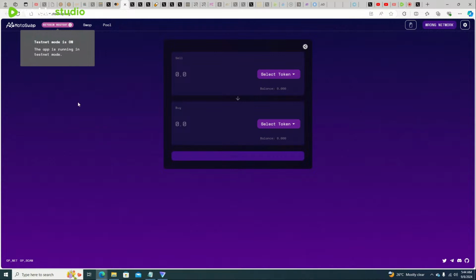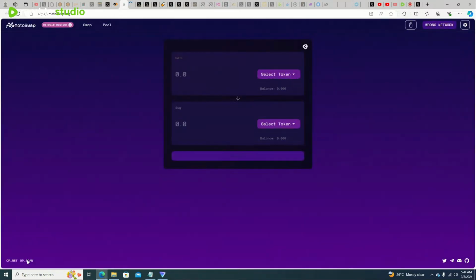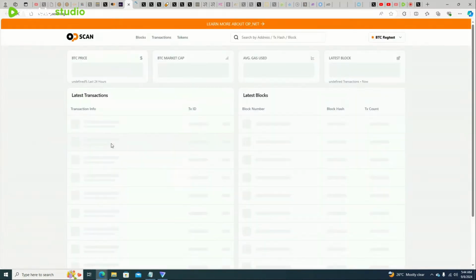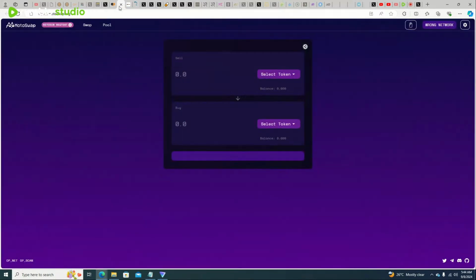The app is running in testnet. Let's look at the Explorer. So it looks like there is activity on the Explorer, but I wonder why it's impossible to connect to this. It may be the net. I don't know what network it's supposed to be on.